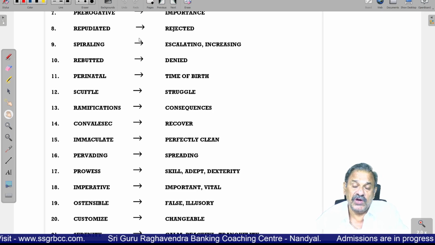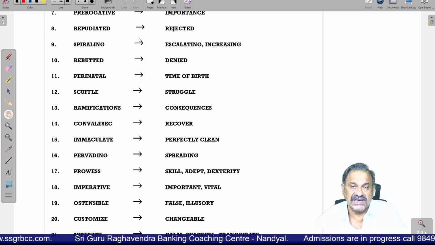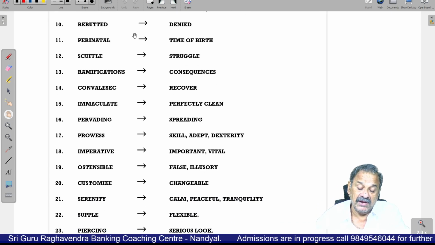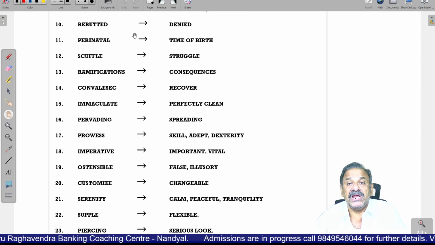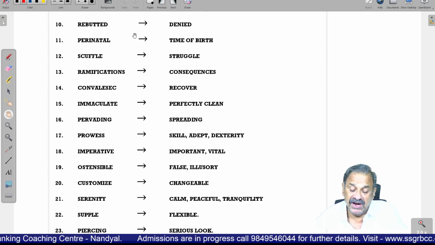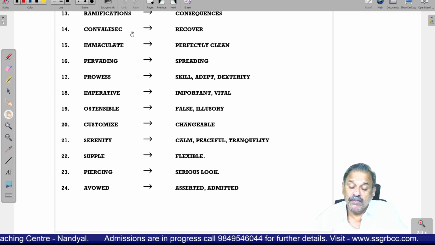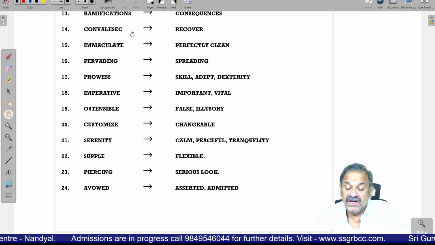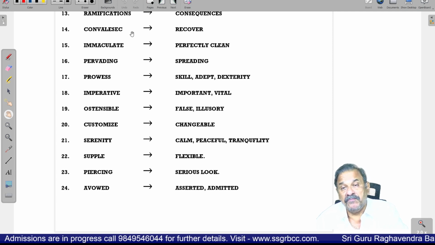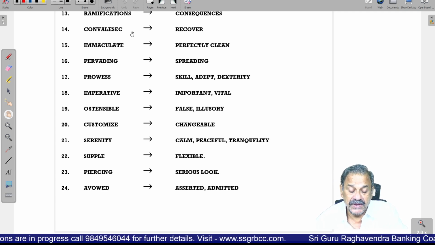Convalescent means recover. Then immaculate, perfectly clean. Pervading means spreading. Prowess means skill, adept, dexterity. Imperative means important, vital.